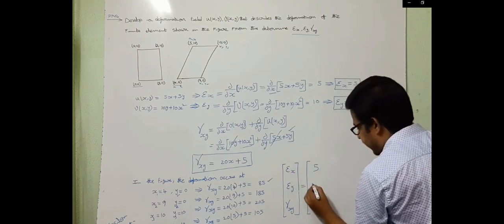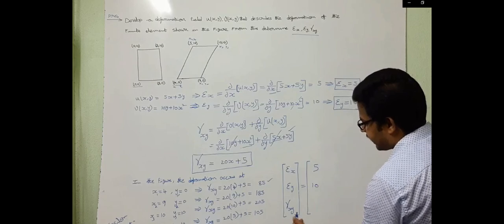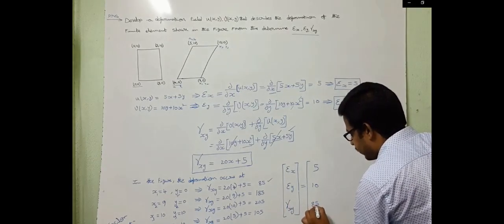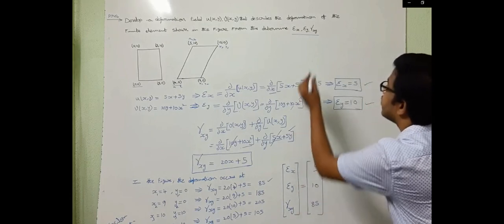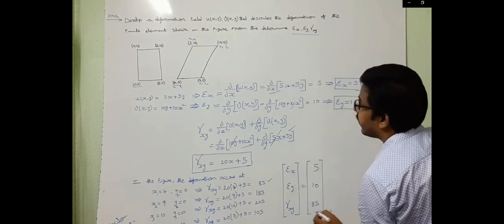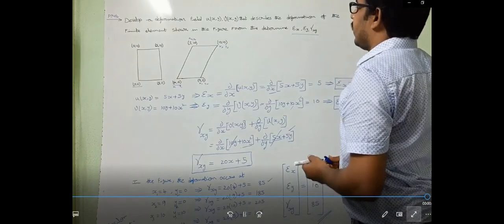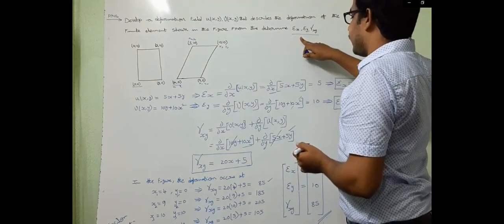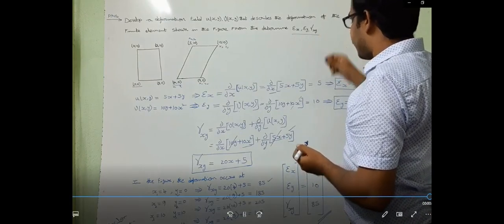Epsilon y value 10. What is the gamma xy value? This is the minimum value. So we need to write it this way. So this is the solution for the unknown parameters of u of xy comma v of xy. We need to determine epsilon x, epsilon y and gamma xy.